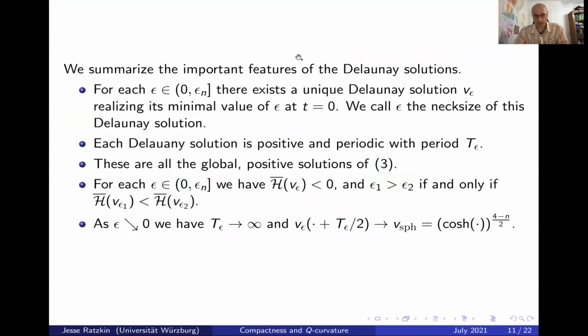So I want to summarize some of the key features of the Delaunay solutions. For each epsilon between 0 and this maximal neck size epsilon_n, there exists a unique Delaunay solution which realizes its minimum value of epsilon at t equals 0.